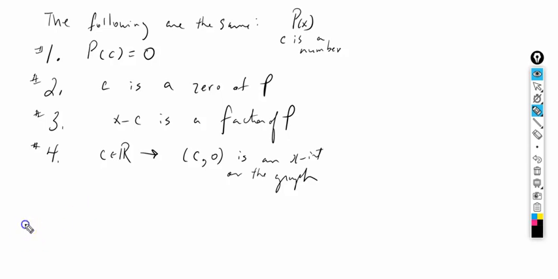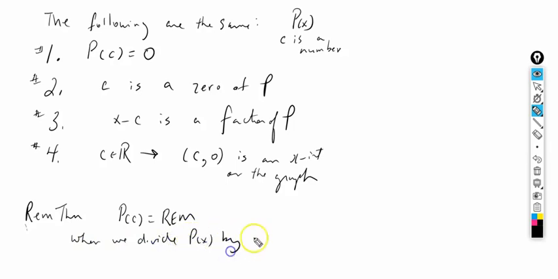Also, the remainder theorem says that p evaluated at c is equal to the remainder when we divide p of x by x minus c.